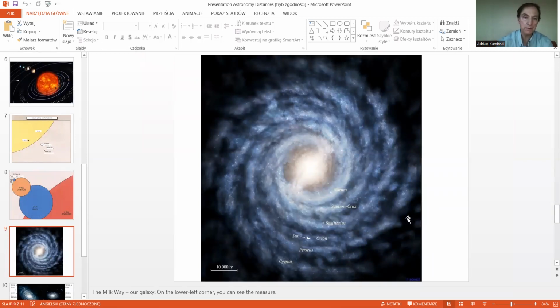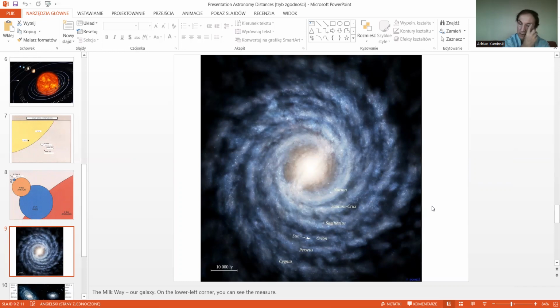Our galaxy, the Milky Way, is composed of a number of stars, planets, cosmic objects, interstellar gas, comets, asteroids, and this type of stuff. And our galaxy has a spiral form.